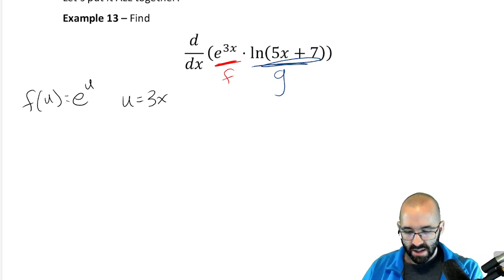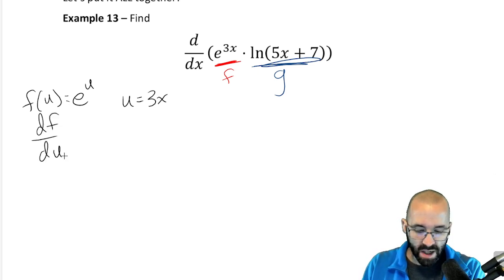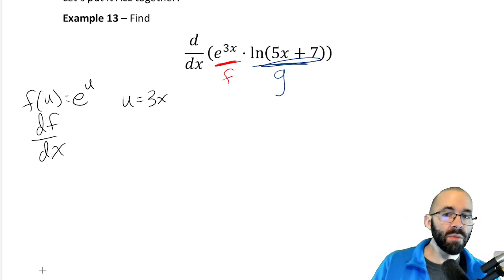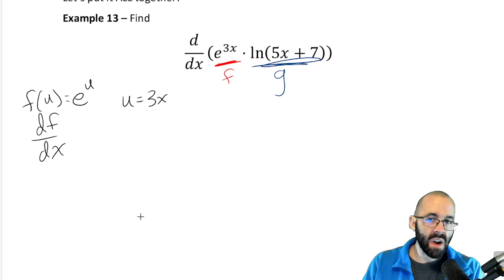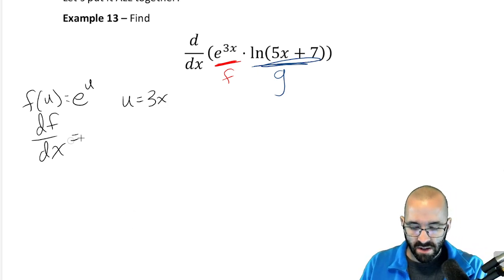Okay, so now we know that dy, you could also write it as df/du, dx is what we want. We want f prime. You could write that as df/dx, the derivative of f with respect to x.